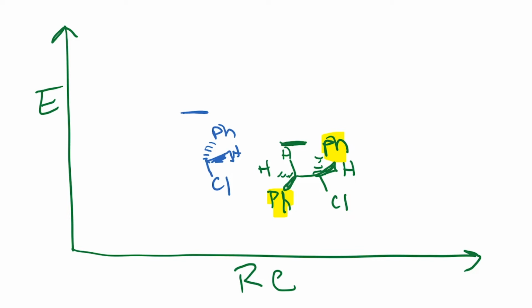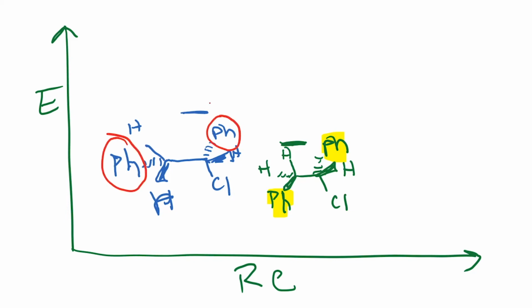The carbon on the right remains the same, but in the other carbon we have hydrogen, another hydrogen, and the phenyl ring. Notice that I have put these two rings close to each other, and therefore this conformation would be of higher energy compared to the other.